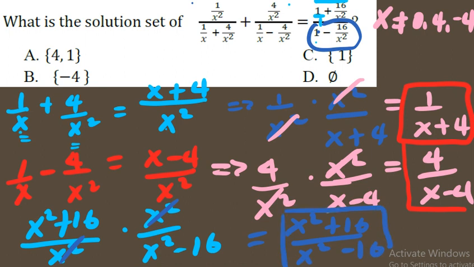So now I'm going to go to the next page and I will do the first addend, 1 over x plus 4, and 4 over x minus 4.